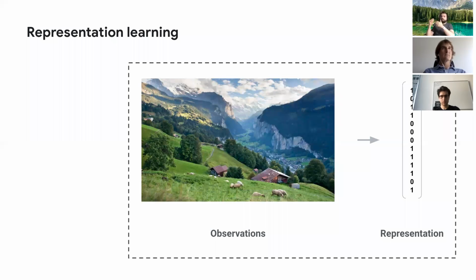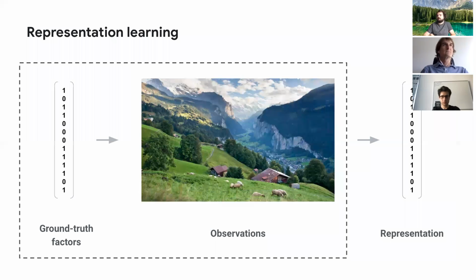Ideally, this representation should contain all information about the observation so that you can then train a classifier on top, and the classifier is going to be accurate and have a bunch of interesting properties. And the key underlying assumption here is that the observations are not truly high-dimensional, but are in fact a manifestation of a set of low-dimensional ground truth factors.